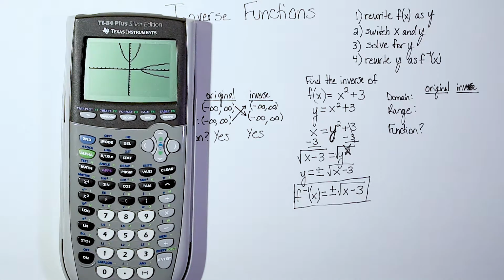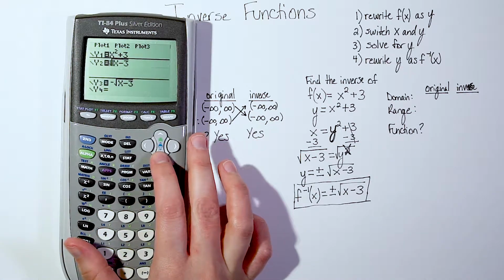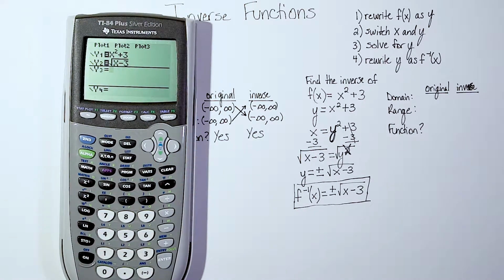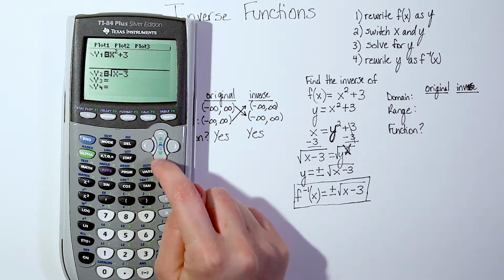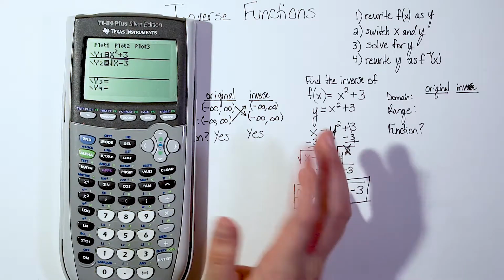So I want to just make a quick point to show you something, because a lot of students do this by accident. I'm going to just show you that a lot of students forget to have that negative version, and they just have the original and then they have the positive version. And let's just see how that would look on a graph.